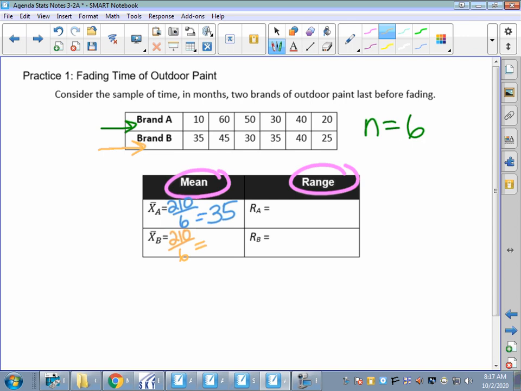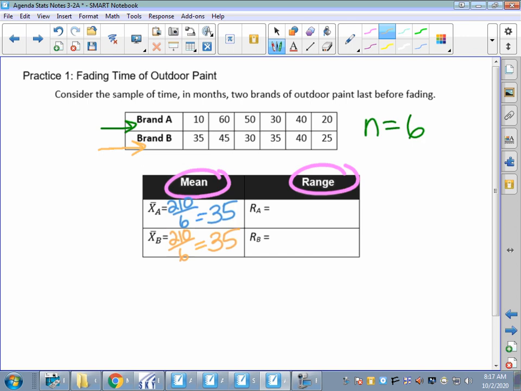Somebody go back and check my math and let me know if I'm wrong. So obviously that's going to divide out to 35 as well. Notice they both have the same average amount of months before they start fading: 35 months. So no matter which brand you buy, brand A or brand B, you're going to last almost 3 years before you have to repaint because it's all faded and looks really shabby.